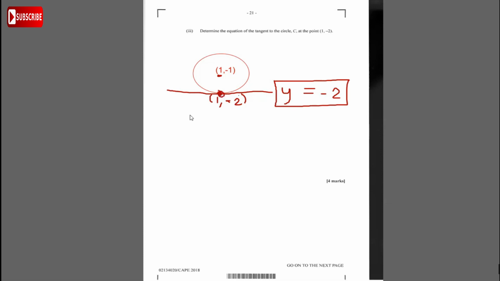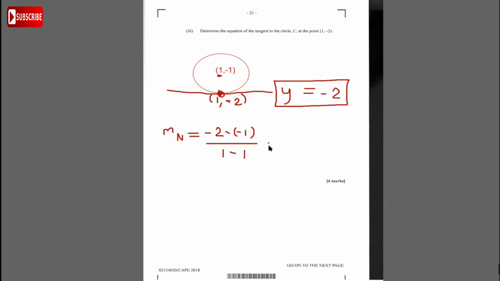All right, but let's do it by calculation. First thing we're going to do is find the gradient of the normal. The gradient of the normal is going to be rise over run. It has a rise, so it goes -2 minus -1 over x2, which is 1, minus 1.